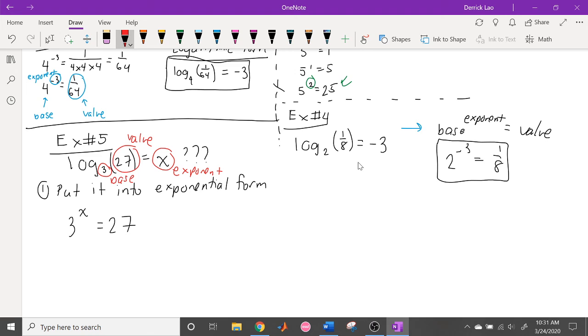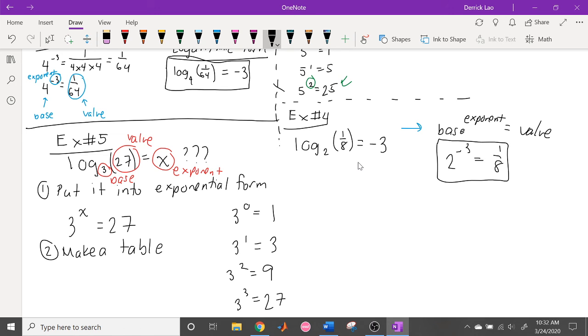So in exponential form, I would honestly just make a table. And I go 3 to the 0, start with 0, 3 to the 0 is 1, 3 to the 1 is 3, 3 to the 2 is 9, and 3 to the 3, that's 27. Awesome. And so I already know that this exponent x should be 3, so x has to be 3.